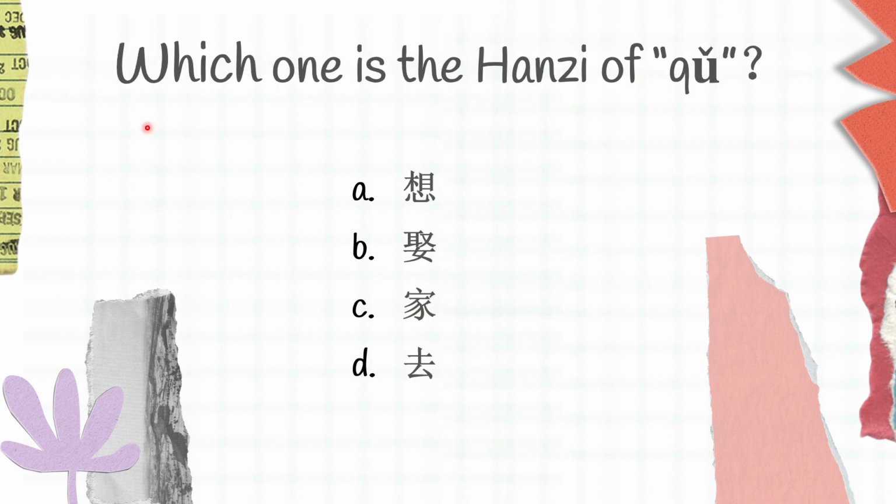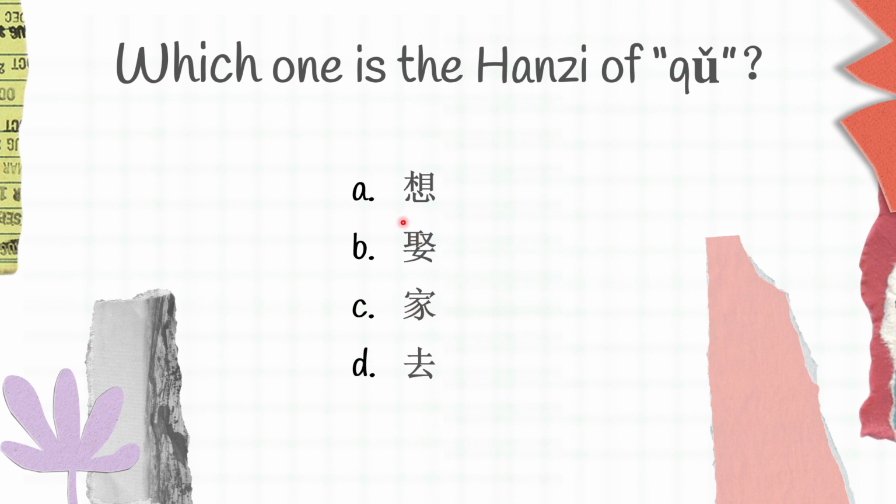Moving on to the next one. Which one is the hanzi of qu? I'll give you time to think first. A is 想, B 取, C 加, D 去.